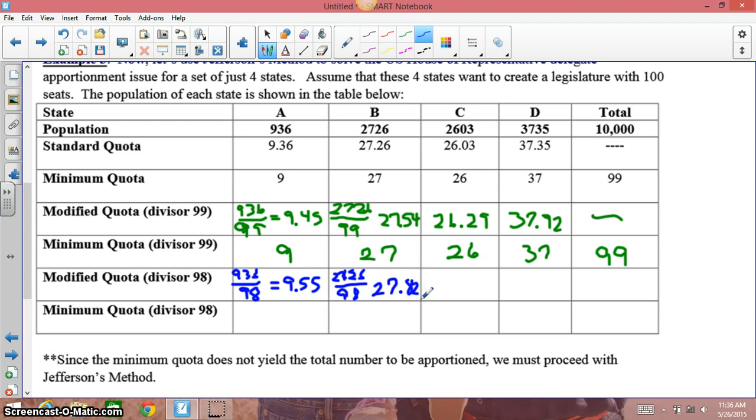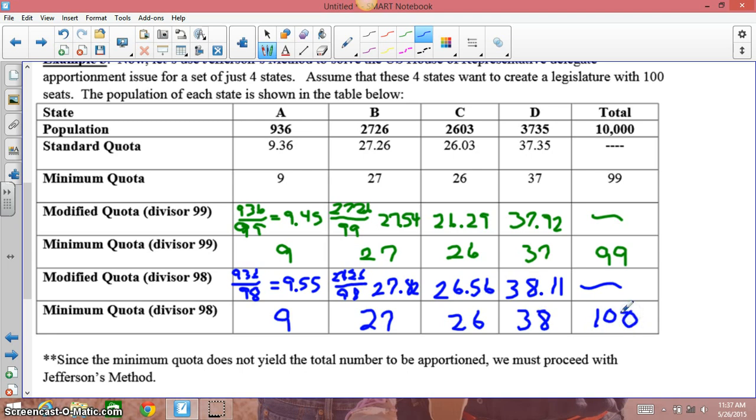The 2603 divided by 98 will give me 26.56. And then lastly, the 3735 divided by 98 will give me 38.11. Minimum quota, so rounding down, just looking at your whole numbers, 9, 27, 26, 38. Now if you add those across, all 100 seats have been allocated.